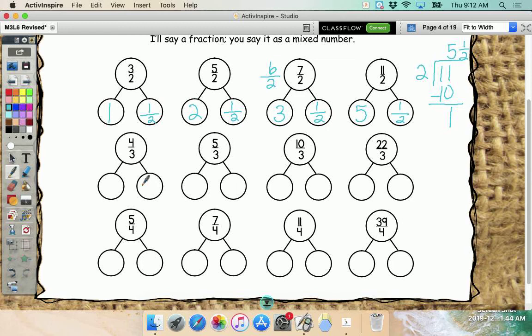Okay, so this time we're going to go easy to hard. But do you see what I'm writing there? Okay. So 3 times what equals 4?